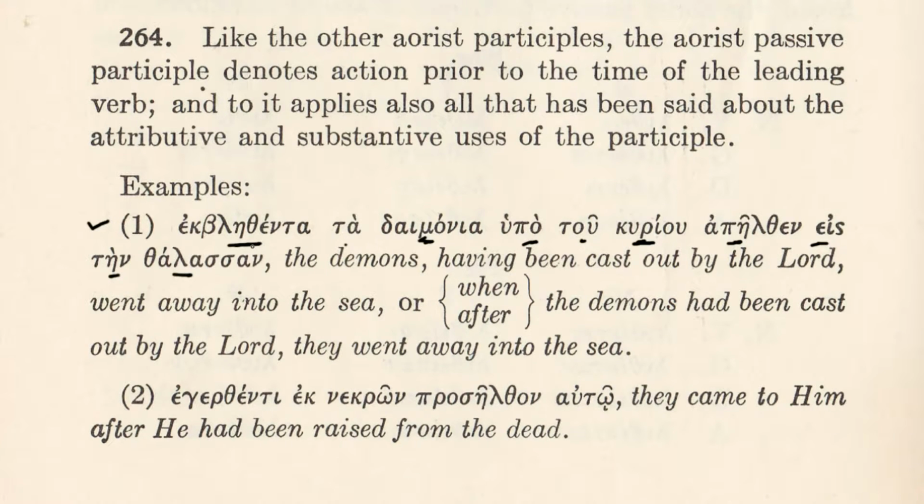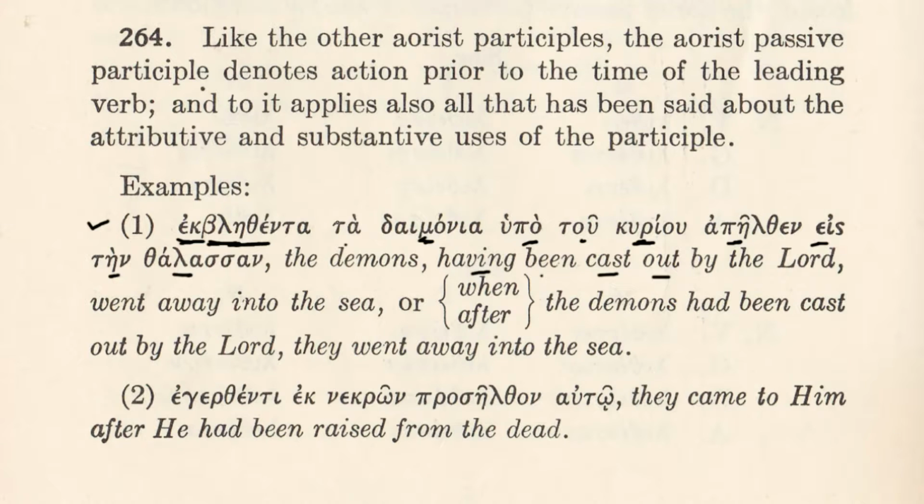Well, we notice first of all ek blethenta. I recognize ble is the aorist passive stem associated with ballo. The ek adds the idea of casting out, so the aorist passive is going to be having been cast out. I know that the action is preceding the time of the leading verb. I haven't figured out yet where the leading verb is going to be taking place in time, but anyway, I have enough to go on to have some idea that it's going to be preceding that.